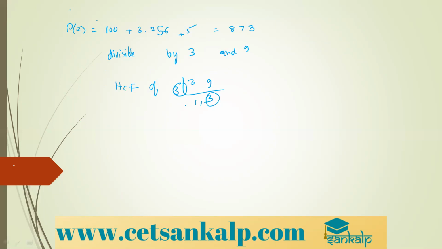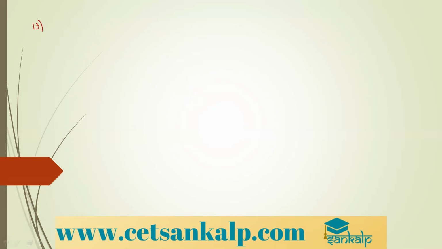Next, we can go to question number 13. Question number 13 is 3 power 3n minus 26n minus 1 is divisible by 239 or 547 or 627 or 676.